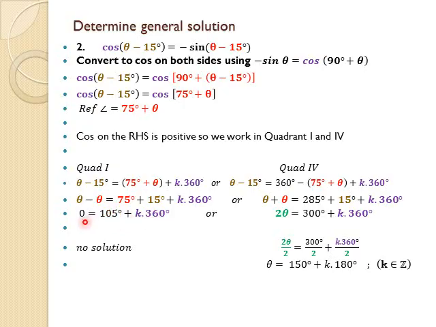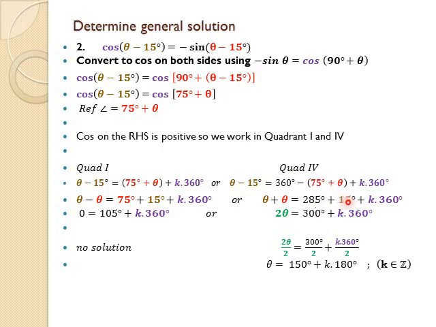Okay, but I've made an error there. It's 0. Please forgive me for that error, but that should read 90 plus k times 360 equals 0, and it has no solution. This side here, negative theta, take it across, plus theta. 360 minus 75 gives me 285.